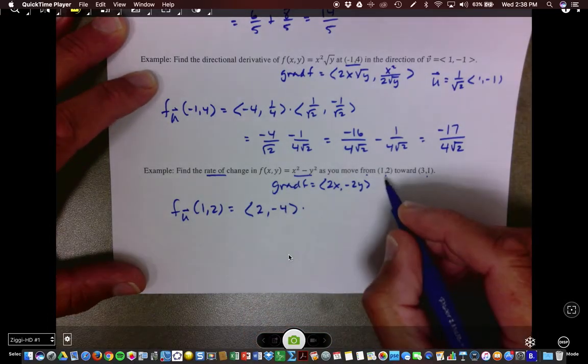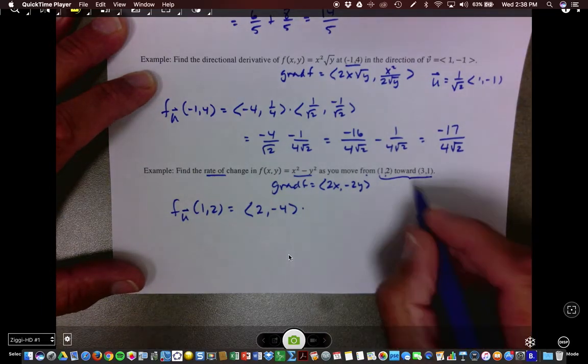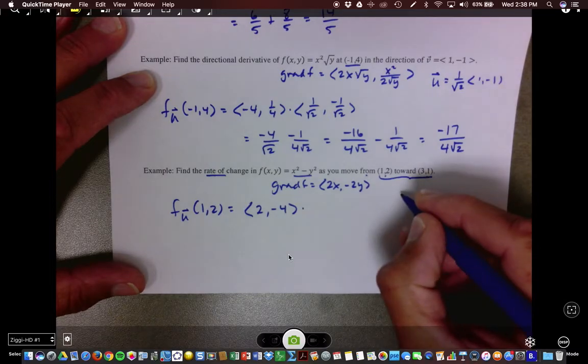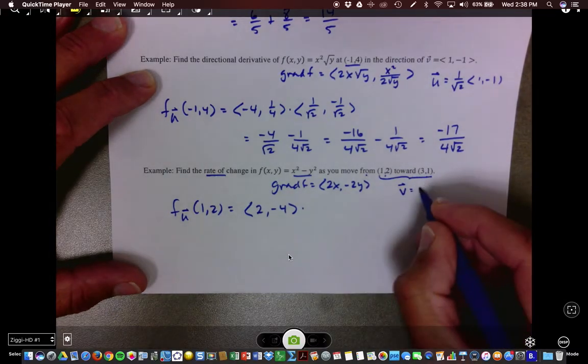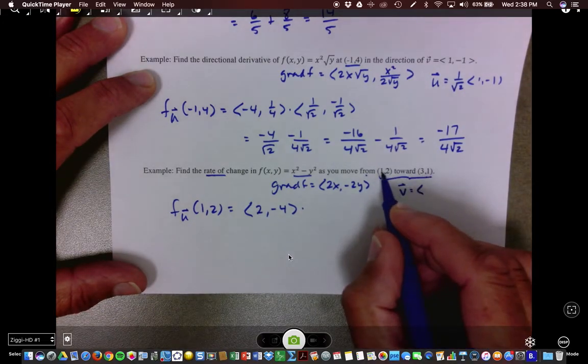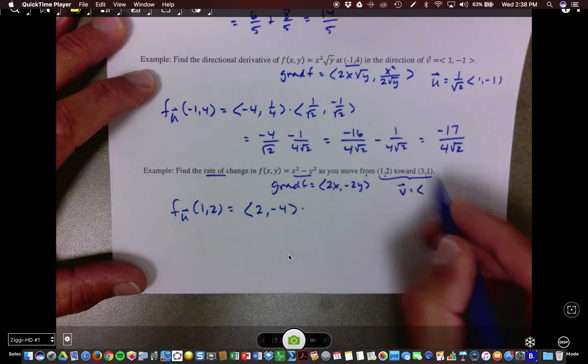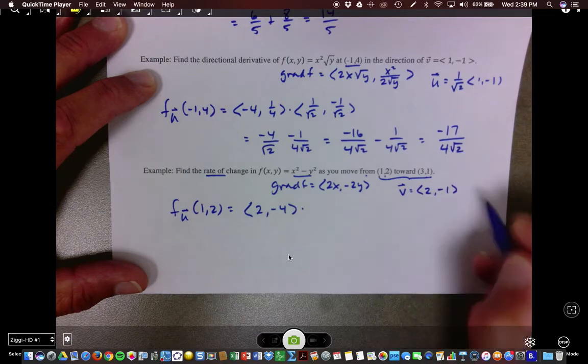And then I need to take these 2 points and find a unit vector that is in the direction of the displacement. All right, so let's think about this as a displacement vector. So we're going from (1, 2) to (3, 1). So x is going to increase by 2, and y is going to decrease by 1.